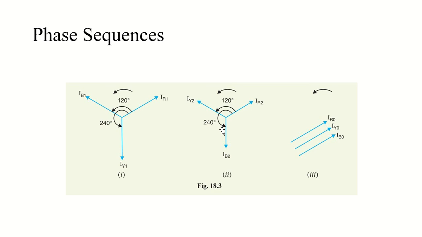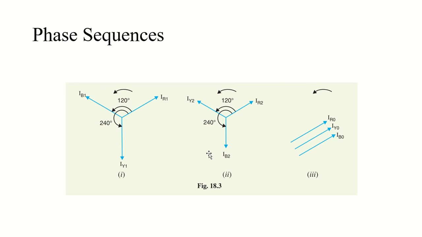So considering them as RYB, VA will remain VA, VB will become alpha into VA because it is directly in contact, 120 degrees apart from VA, and VC this time, which is 240 degrees apart from VA, will become alpha square into VA.